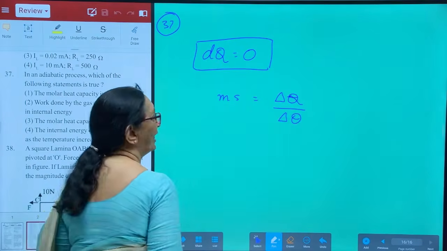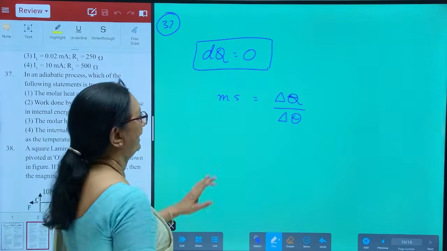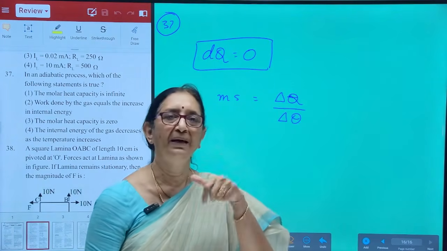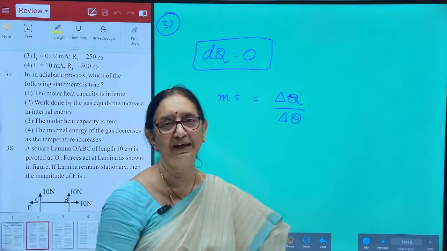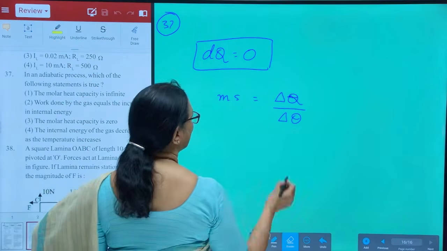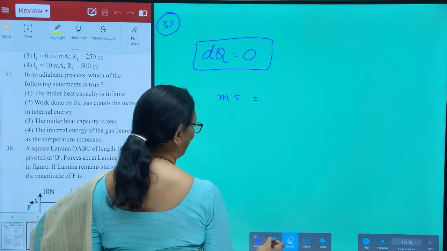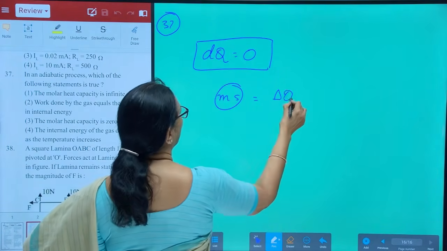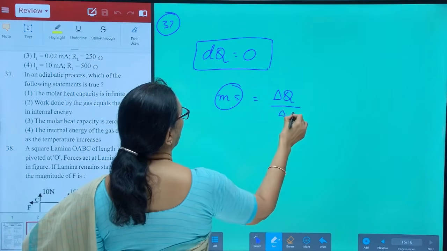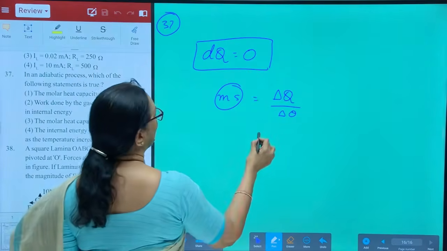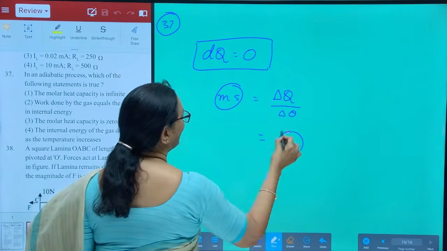Heat supplied to the system per 1 degree centigrade rise of temperature is called molar heat capacity or heat capacity. Ms or molar heat capacity is delta Q by delta theta or dQ by d theta. Here, if dQ is 0, molar heat capacity is 0.